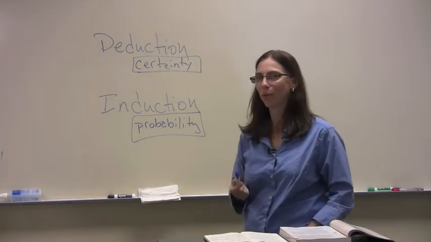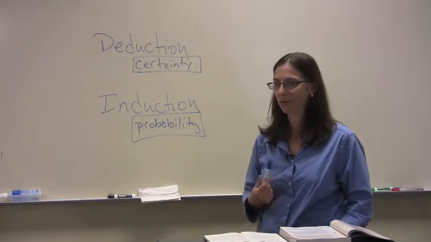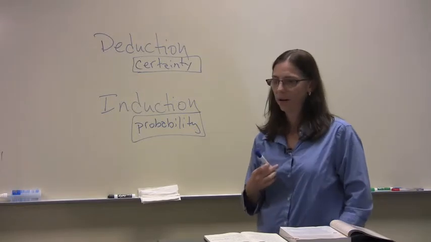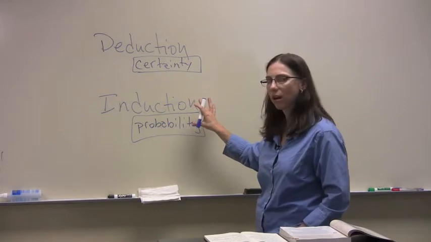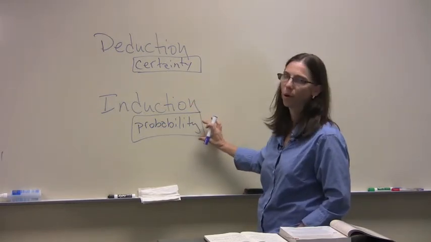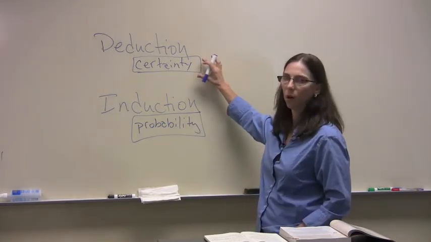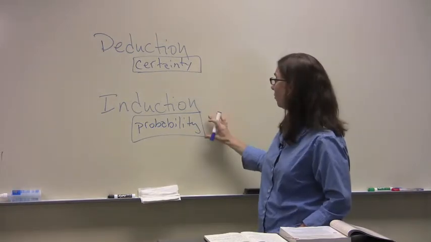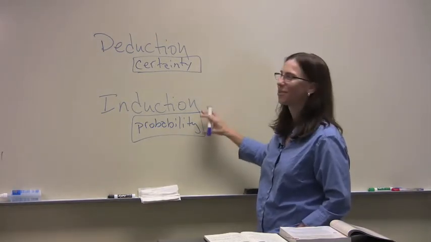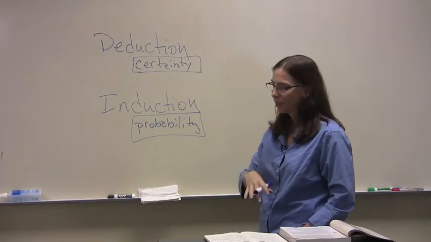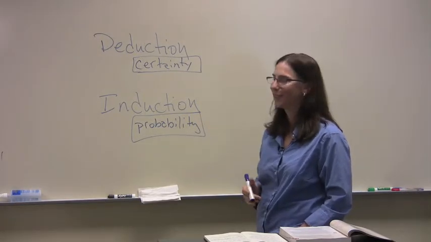That doesn't mean that the weatherman's logic is faulty or subpar. It's just the nature of that kind of argument to operate in the realm of probability rather than the realm of certainty. In fact, I would argue that most interesting things operate in this realm instead of that realm. Maybe we can talk about that some other time.